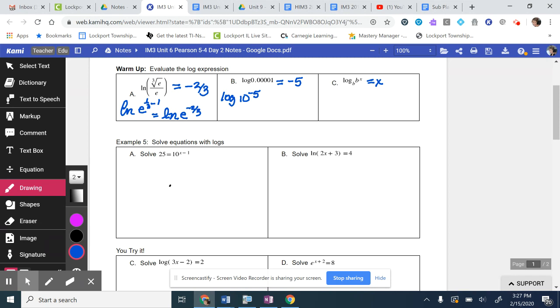In this case, there's no way that we can make that happen. So what we need to do is look at which term has the exponent that we're solving for. And it would be this term, the 10 to the x minus 1.